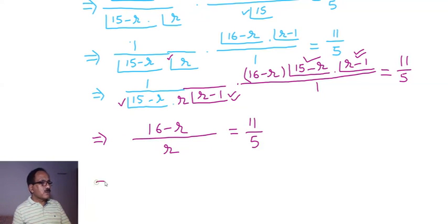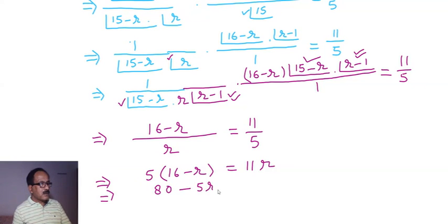Now, while doing the cross product, you have 5 into 16 minus R is equal to 11R. That is 80 minus 5r is equal to 11r.